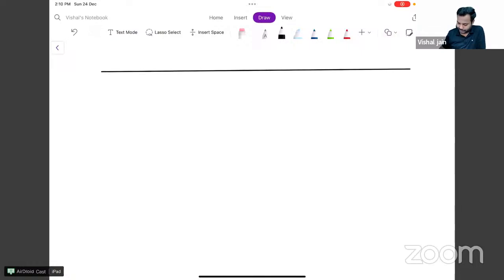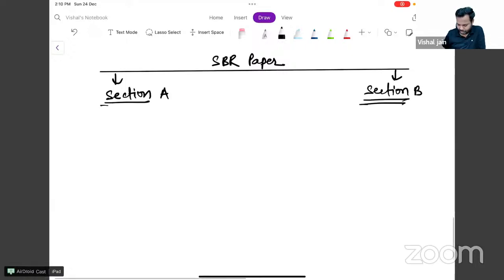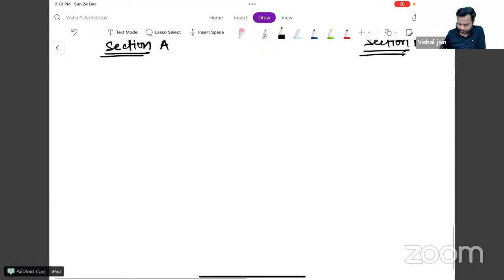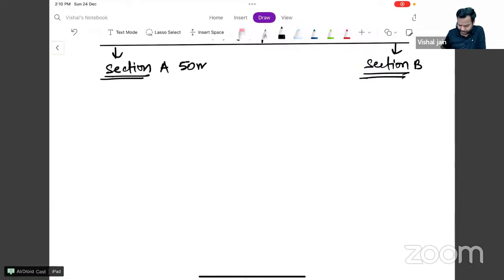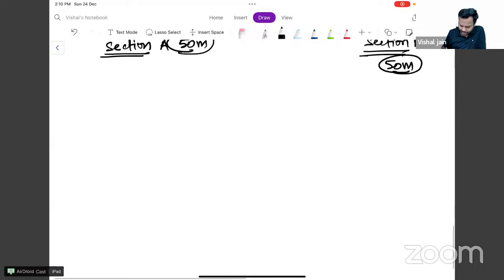As you know, the SBR paper is divided into 2 sections, section A and section B. Section A is of 50 marks and section B is also of 50 marks. Section A will have 2 questions, question number 1 and 2, and section B will also have 2 questions, question number 3 and 4.